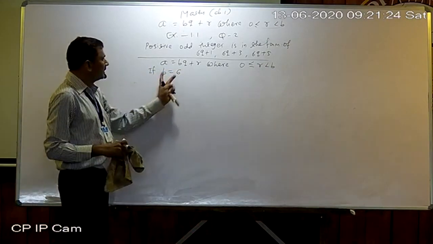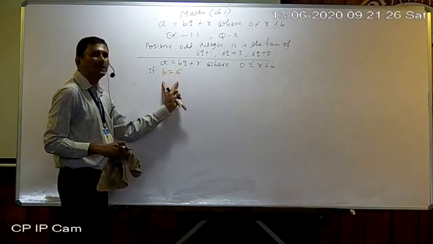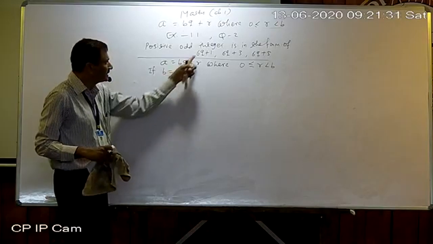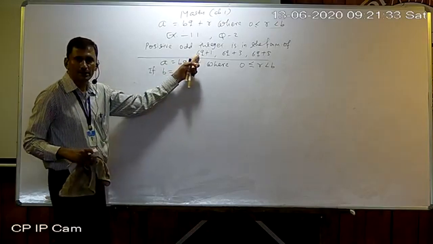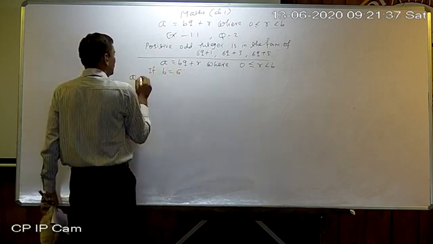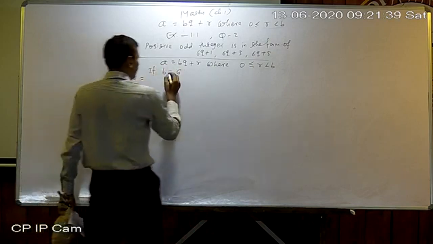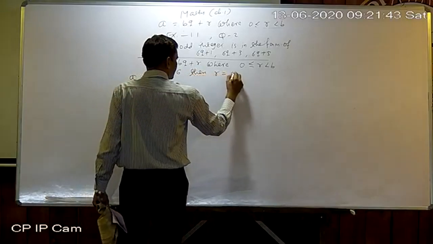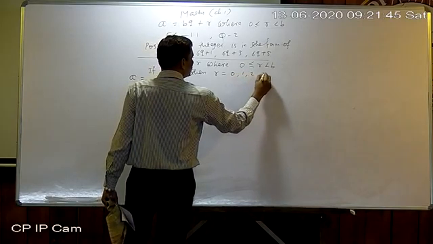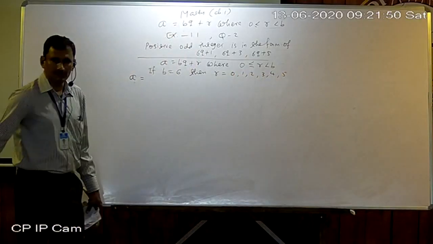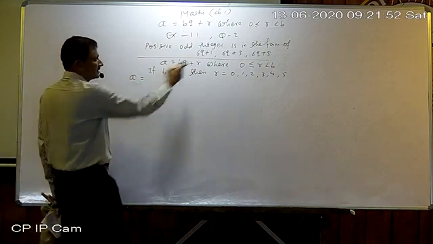Whenever we have b, only at that time can we write expressions of a. So b equal to 6, then r equal to 0, 1, 2, 3, 4, 5. Six numbers are possible, less than b.